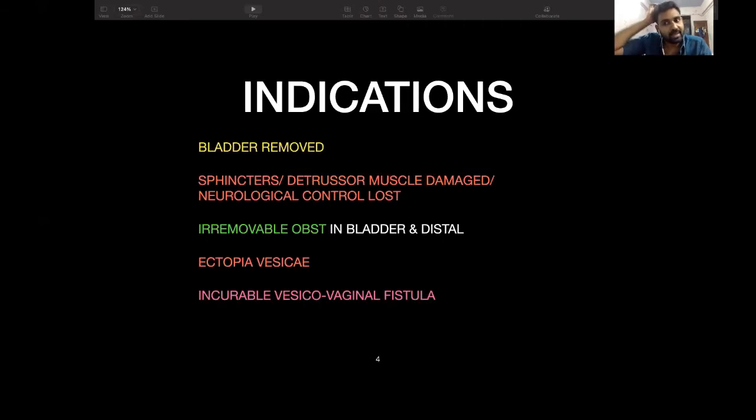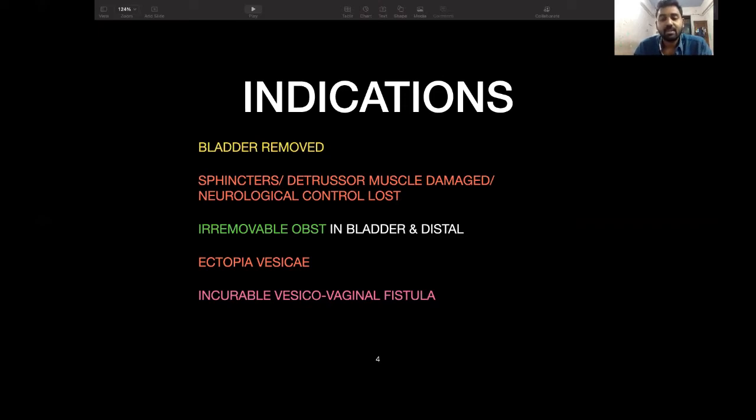So what are the indications of urinary diversion? As I told you, urinary diversion is a procedure which is done after your bladder is removed, the most common reason being CA bladder, or when there is any sphincter or detrusor muscle damage, or when neurological control to your lower urinary tract system is lost. And the third indication being irremovable obstruction to the bladder or distal to the bladder.